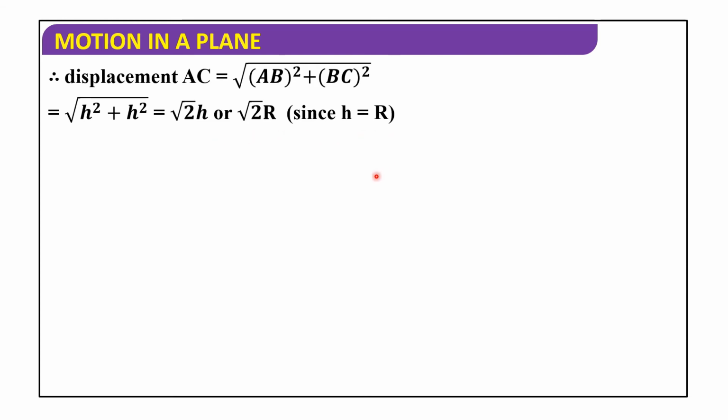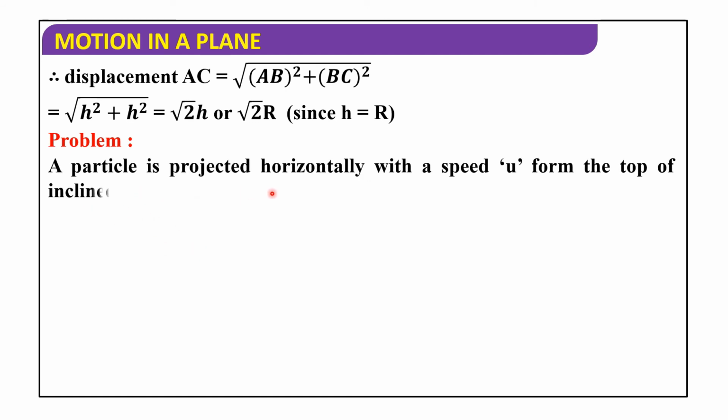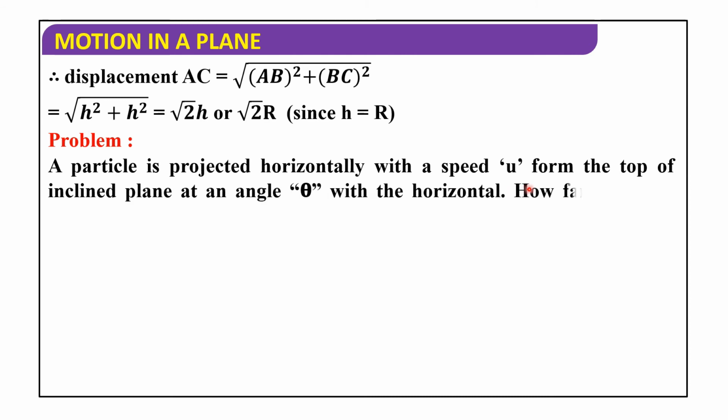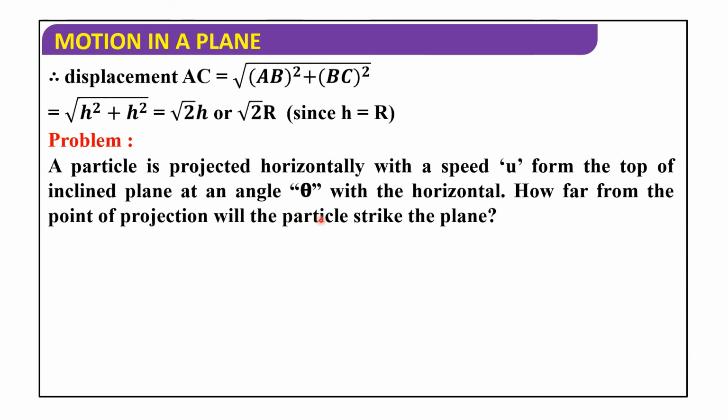Now I'll discuss one problem. A particle is projected horizontally with the speed u from the top of an inclined plane at an angle theta with the horizontal. How far from the point of projection will the particle strike the plane?